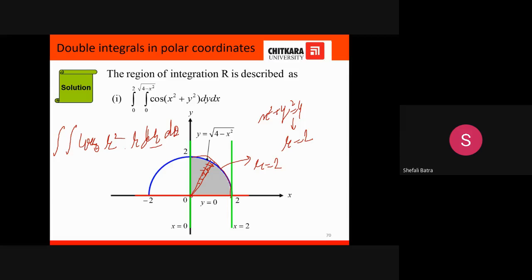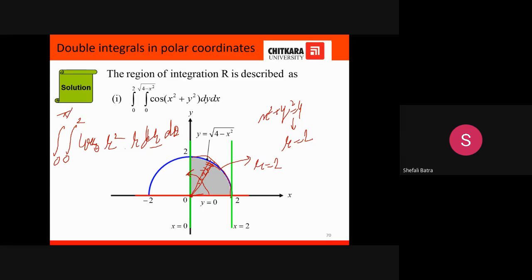What is the limit of r at this point? 0. Then why are you thinking so much? It is r equal to 0 and it is going up to 2. So r is equal to 2. And what about theta? 0 to pi by 2. Yes, exactly.